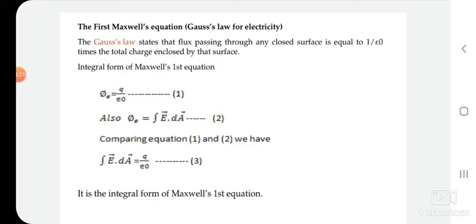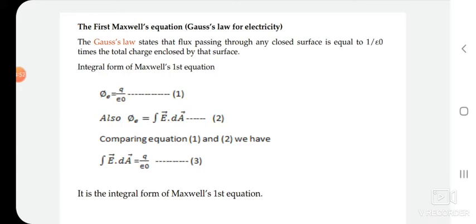That's why these four Maxwell's equations have their own importance in physics as well as in science. The integral form of Maxwell's equations explains how electric charges and electric currents produce magnetic and electric fields. These equations describe how an electric field can create a magnetic field and vice versa.